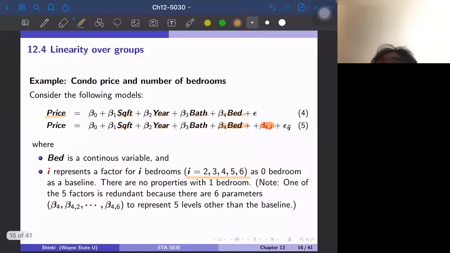But if we don't have the continuous variable beta for bed, then we need the 5 levels, but we have already used one parameter here. So we only use 4 parameters here, and 1 parameter there.